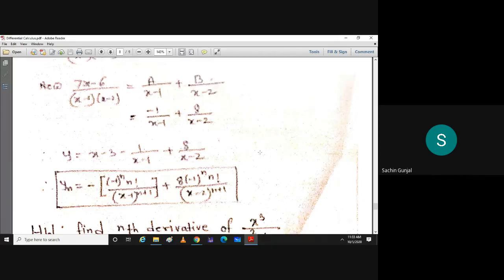Okay. Understood? So in such cases, you will have to write those derivatives separately, and then you can write in general form. I mean hereby, if you have quadratic polynomial here, what will you write? Can you tell me?